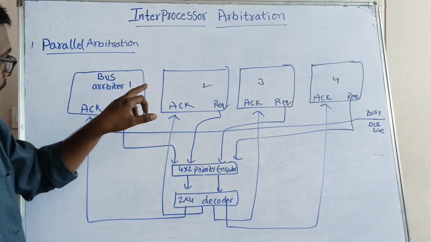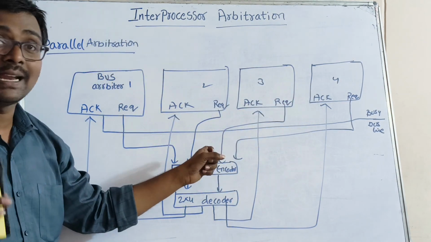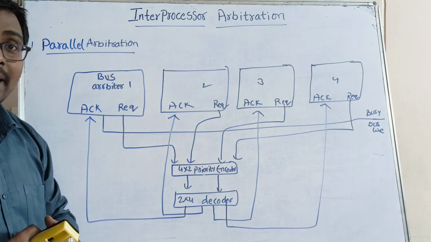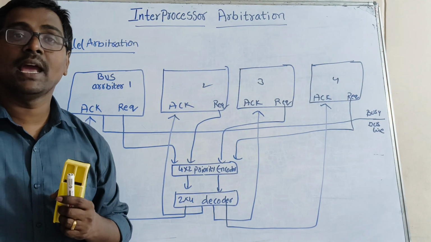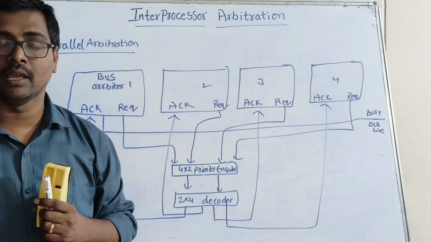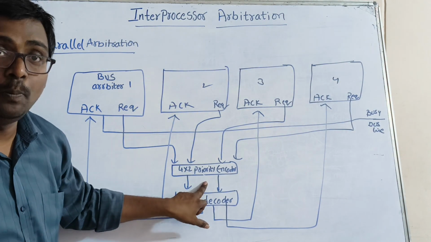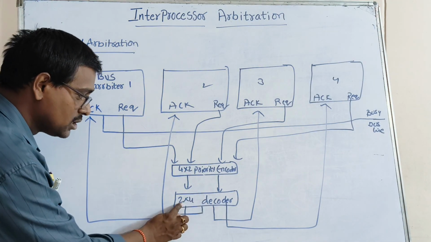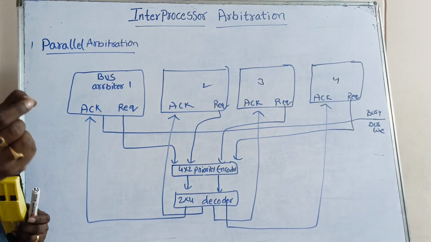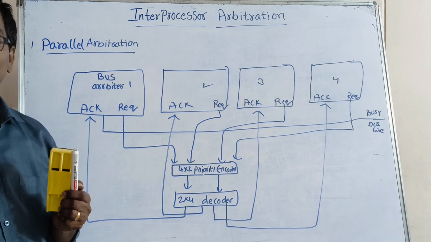For example, assume 4 arbiters request at the same time. This priority encoder selects the arbiter which has the highest priority. After selection, it produces a 2-bit output code. Now the 2-bit output code is moved to a 2/4 decoder. A 2/4 decoder means 4 outputs.